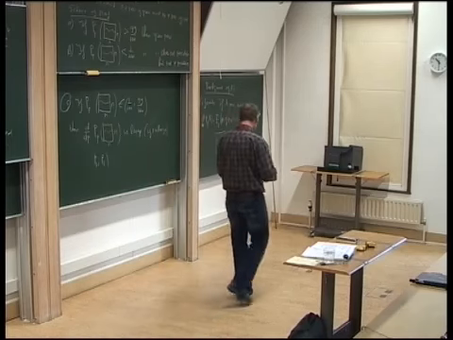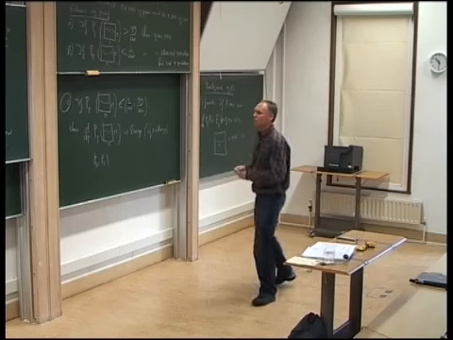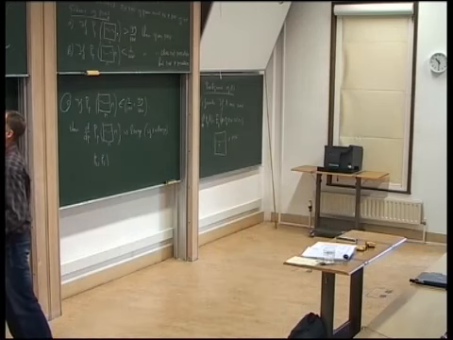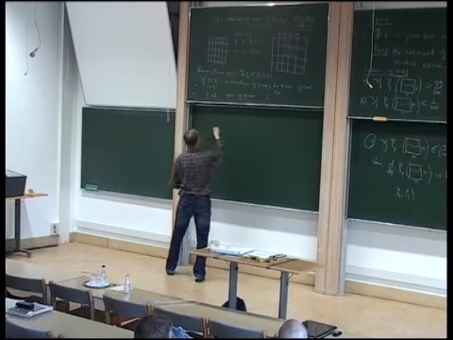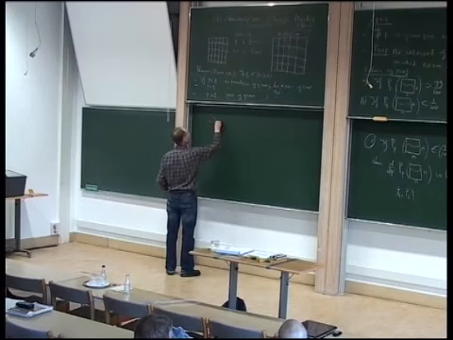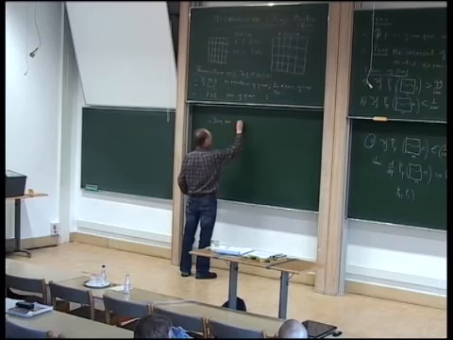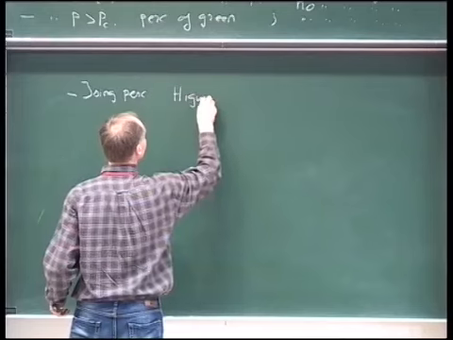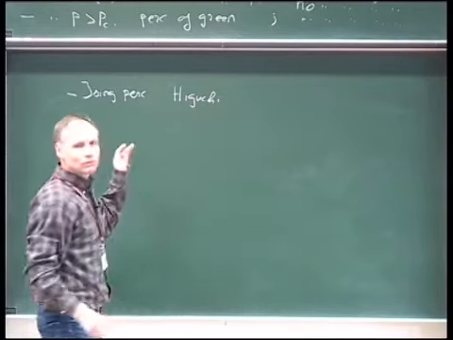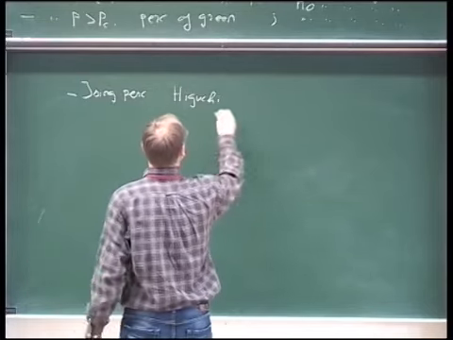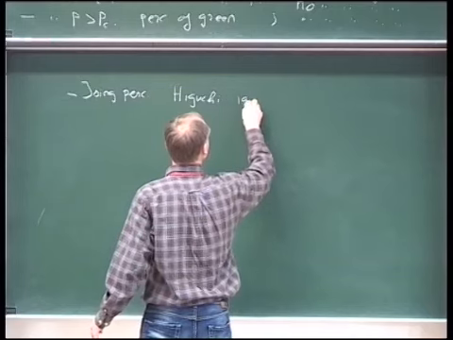In particular, I want to mention one dependent percolation model, Ising percolation, which was studied by Higuchi in 1994. I'm going to say later what I mean by Ising percolation.